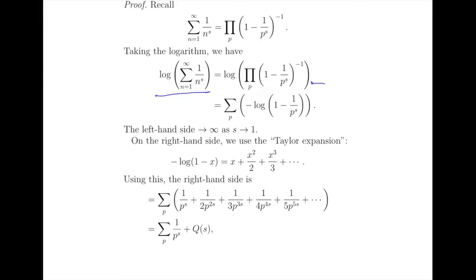Then the product is turned into a summation. And then we consider the situation when s tends to 1. Repeatedly, we use that the left-hand side, inside the log symbol, tends to infinity when s tends to 1. So therefore, this itself should be infinity.